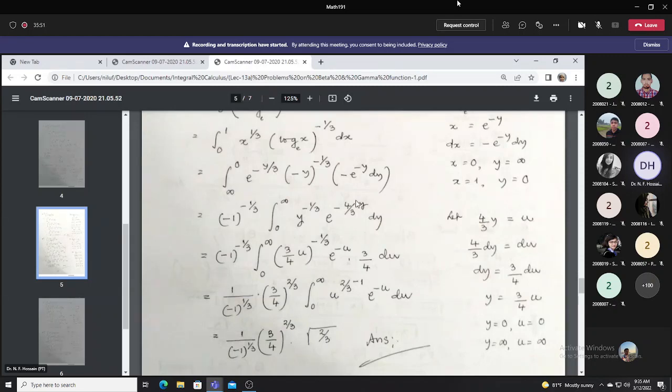That means minus 4 by 3 y. And this minus sign is adjusted with the limit. We removed this minus sign by changing the position of the limits. Now it becomes 0 to infinity. So here you are getting y to the power minus 1 over 3, e to the power minus 4 by 3 y.